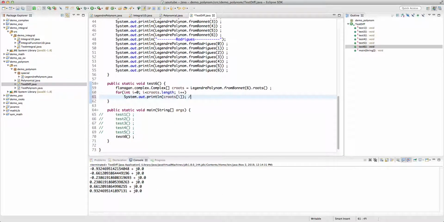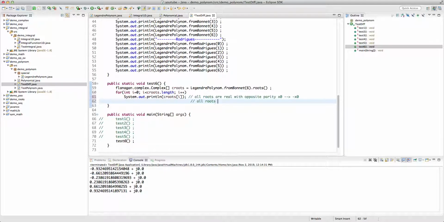So all roots are real with opposite parity. So if x0 is the root, then minus x0 should be the root, and also the other thing is that all roots are in the -1 to 1 interval.